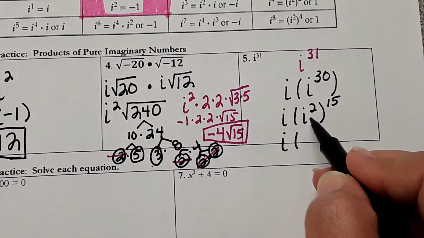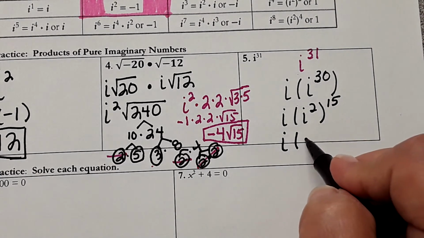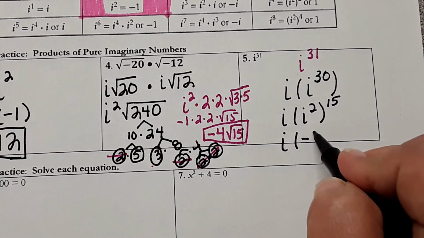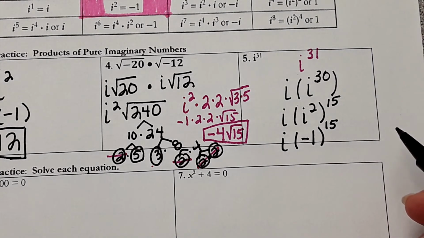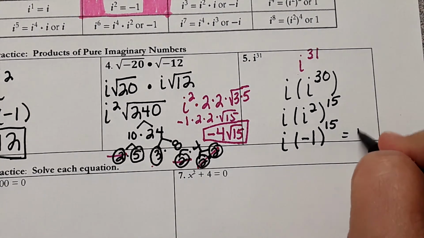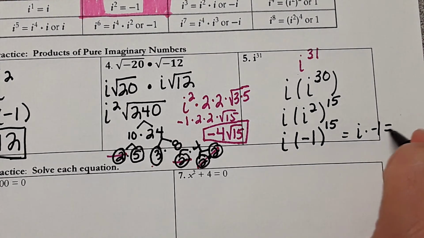Well, what is i squared? -1. And what do you think -1 to the 15th power is? It's an odd exponent, so what do you think? Is it going to be negative or is it going to be positive? Negative. So it's going to be i times -1, and our answer is -i.